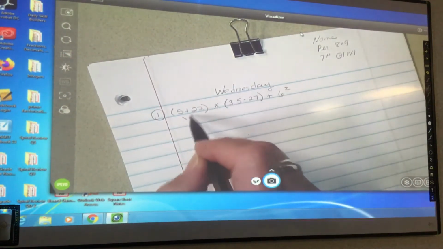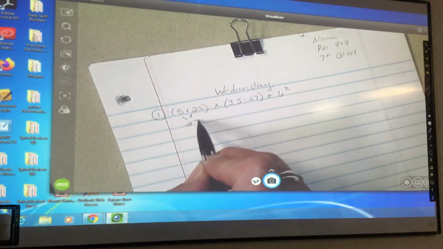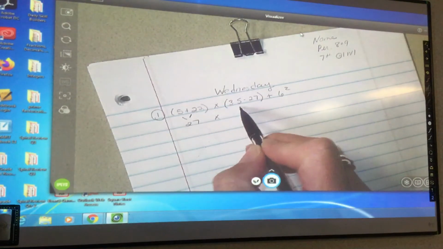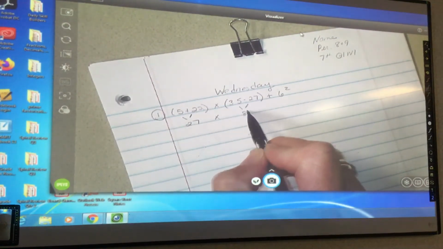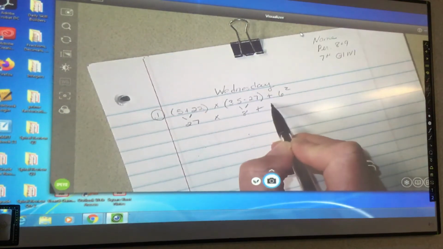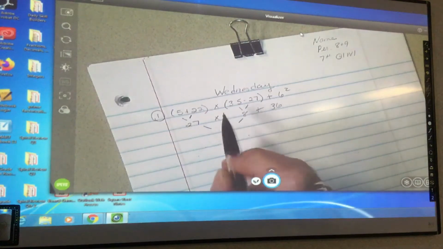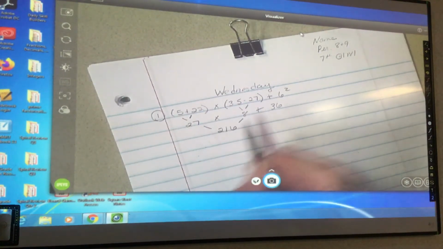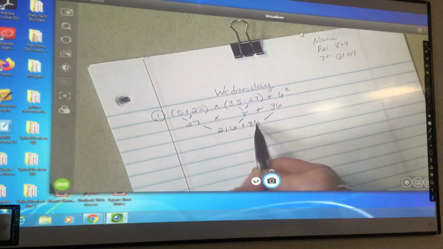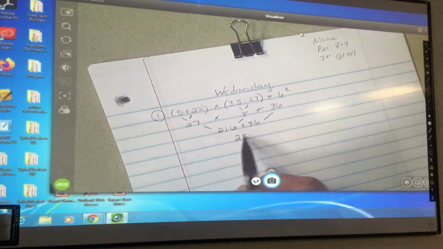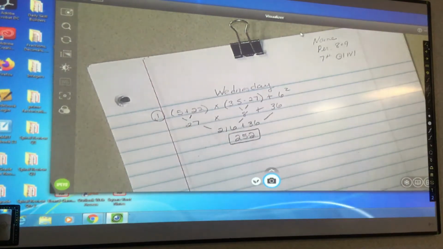And we said 5 plus 22 was 27 times 35 minus 27 we said was 8 plus, and we said 6 squared is 36. Then we did the math, and we said 27 times 8 is 216. And then we're gonna do 216 plus 36 is 252. So we've done line by line by line, going down every line.